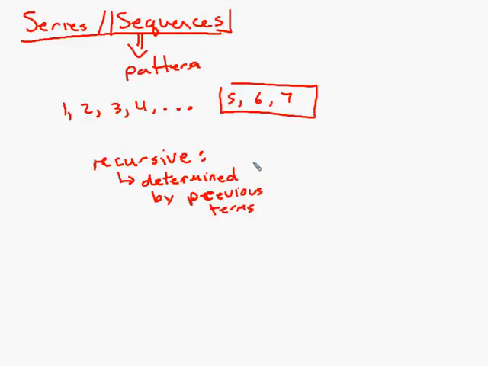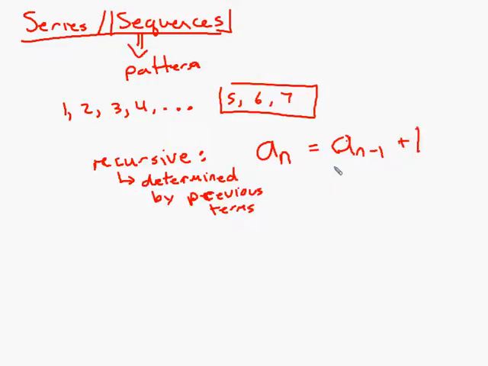So, in this case, what I would have is my next term, a sub n, is going to equal the previous term, a sub n minus 1, that's our previous term, plus one more, because we're adding 1 each time.